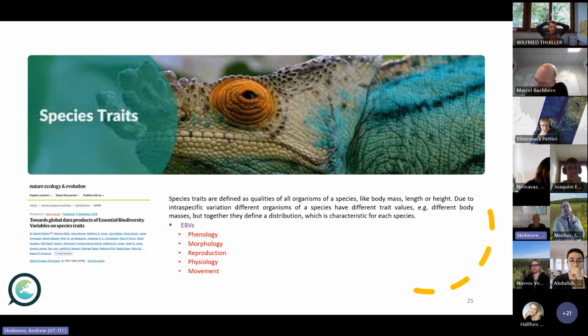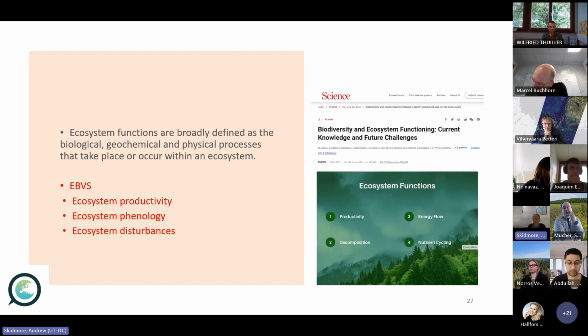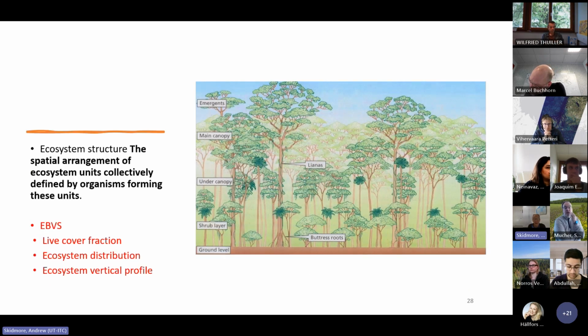Species traits, ditto, a paper on this. Community composition, another paper describing it, ecosystem function and ecosystem structure. So the 6 EBV classes now have got well-defined EBVs through GeoBON, and they've got good solid articles that have been written describing each EBV class.